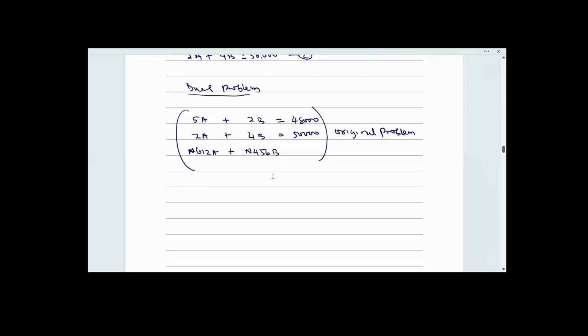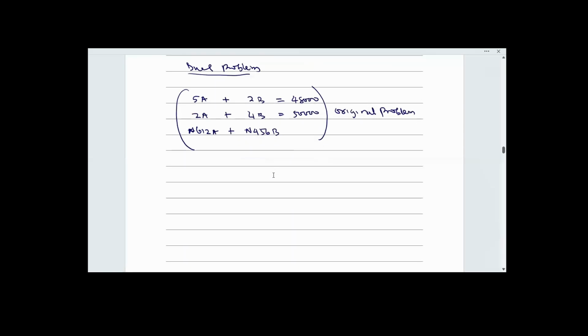Okay, so to get the dual, change row to column. The first row is 5, then 2, then 48,000. The second row, we change to column: 2, then 4, 50,000.